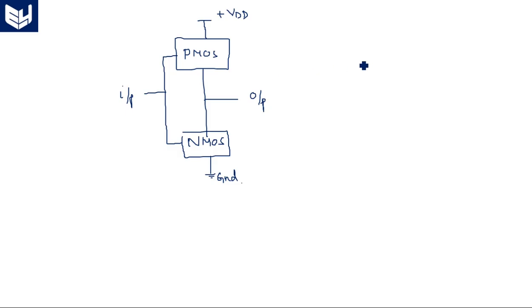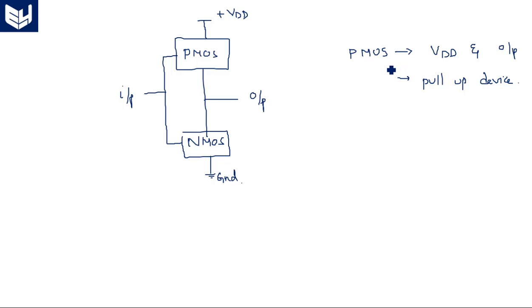Okay, very important. The PMOS transistor is connected between VDD and output. PMOS transistor is a pull-up device, which is always connected between VDD and output.